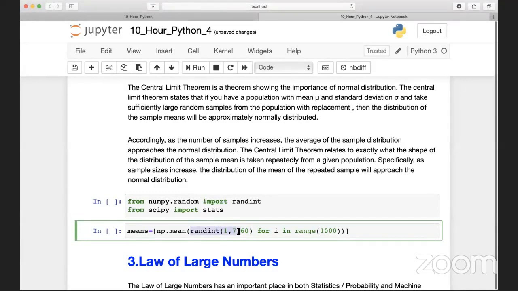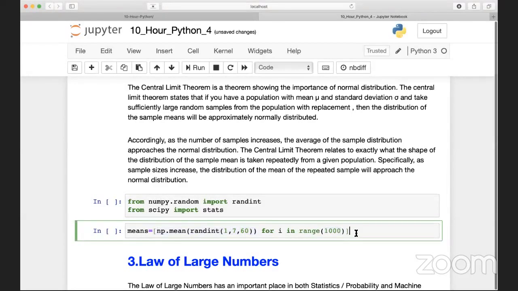This is the case of rolling a dice because I have an observation between 1 and 6, 6 is included. I have 60 observations. I forgot a parenthesis here. And each time I take the mean of it and I do this operation 1000 times.